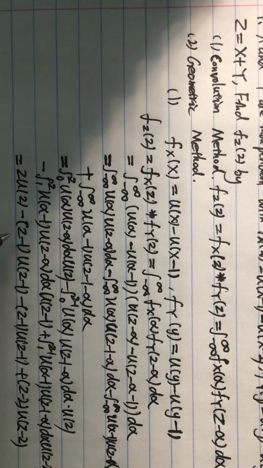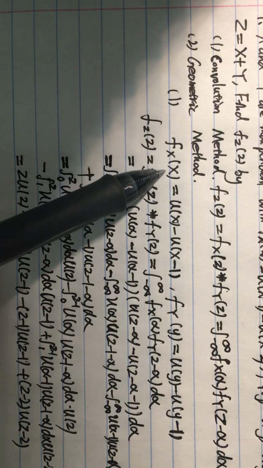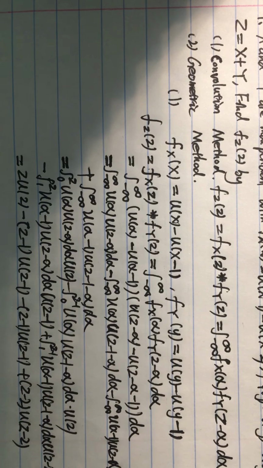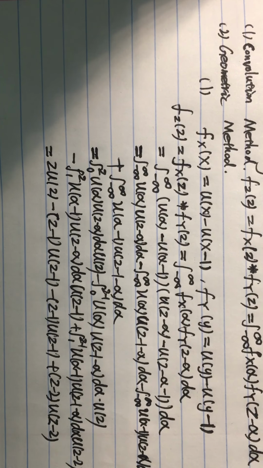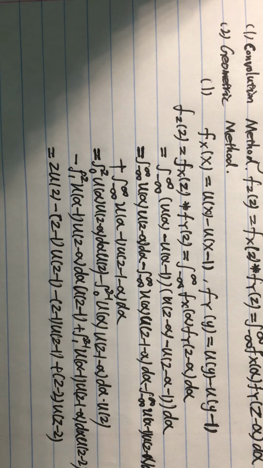So this is the density function of z when the density function of x equals this and the density function of y equals this. Then we have to shift this to the right side by 1.